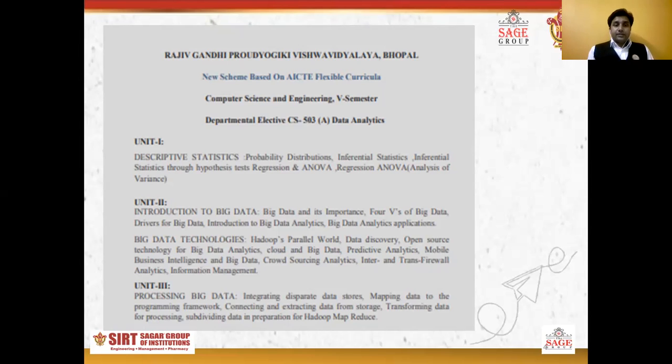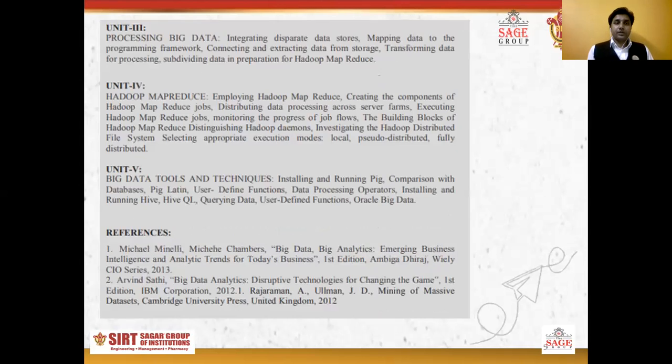In the third unit, we will discuss what kind of processing we have to apply to analyze the data, to process the data. What kind of pre-processing, post-processing techniques, and what kind of mappings will be required in the data analytics procedure.